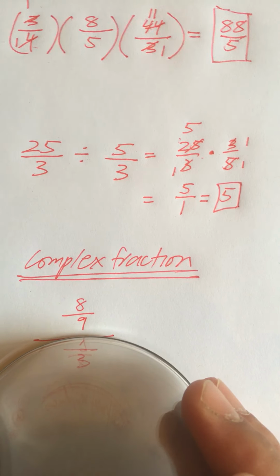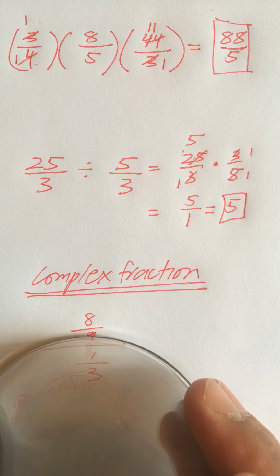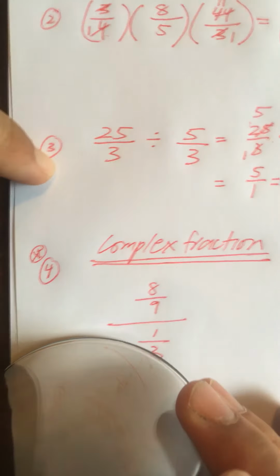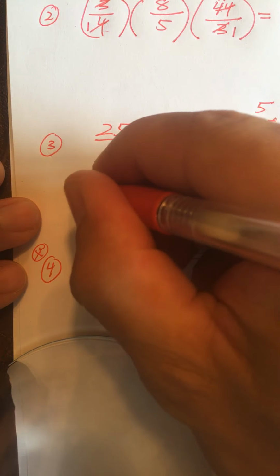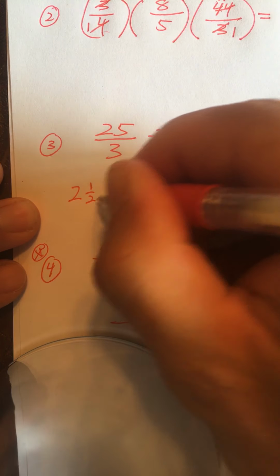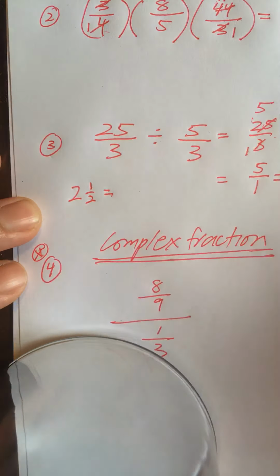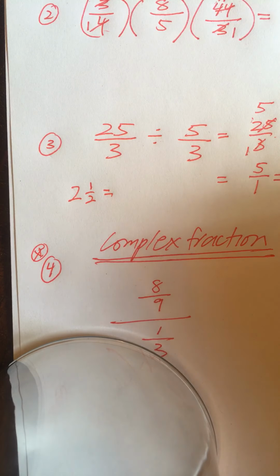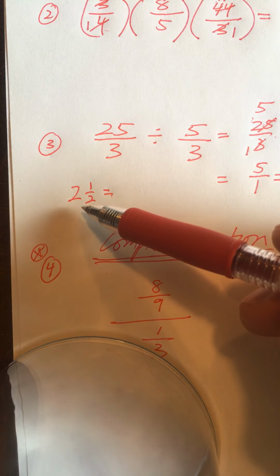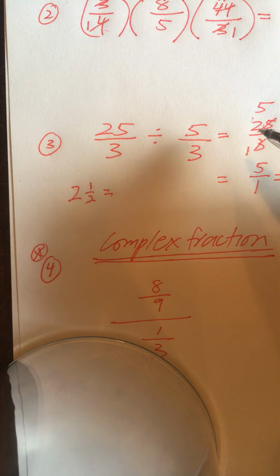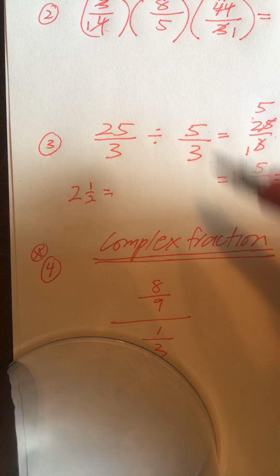Now keep in mind, all of these are either proper or improper, right? Just a quick side note, if we had a mixed number like 2 and 1/2, all the operations we've been talking about can be done. We would just have to convert this mixed number into a proper or improper, in this case improper fraction.